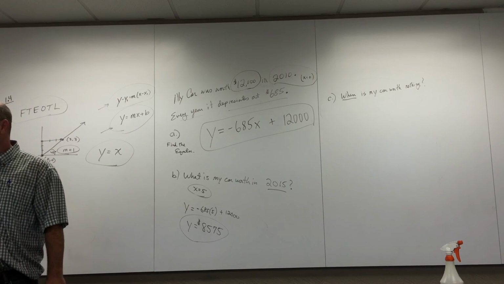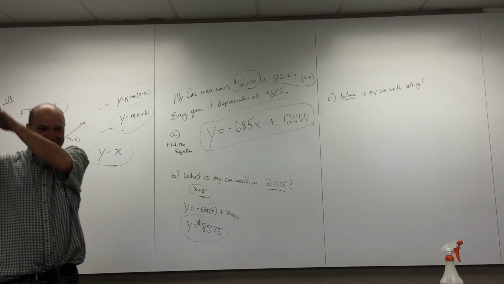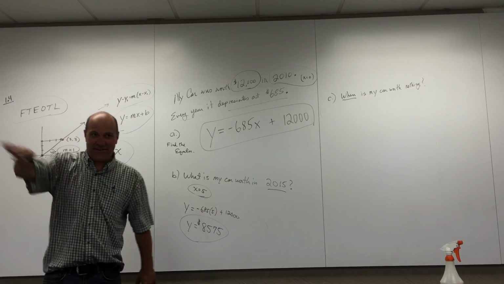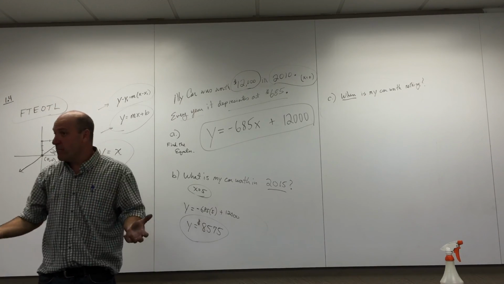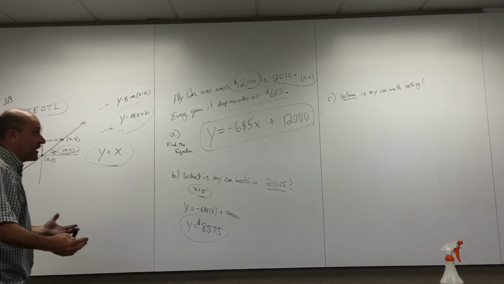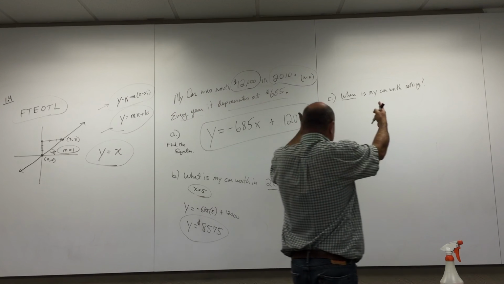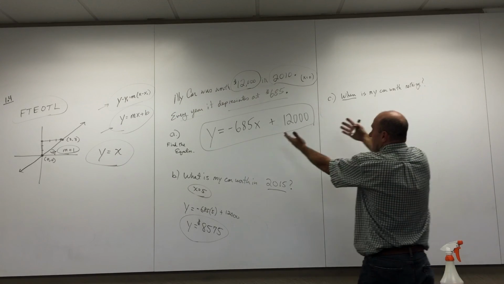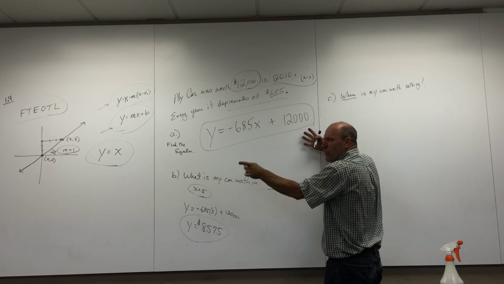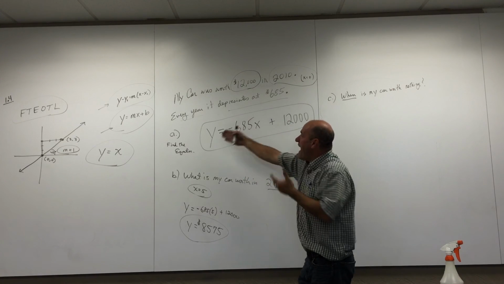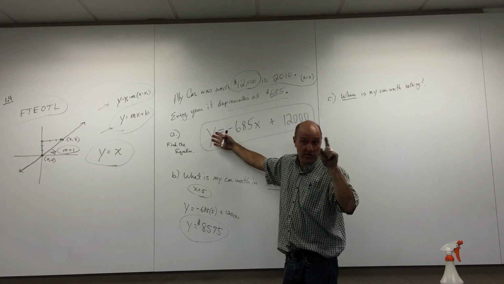It might be never worth nothing, but according to this linear depreciation, it actually will hit nothing at some point. When will it hit nothing? Can you interpret that sentence for me, please? Y equals 0. The value of the car is y, by the way.